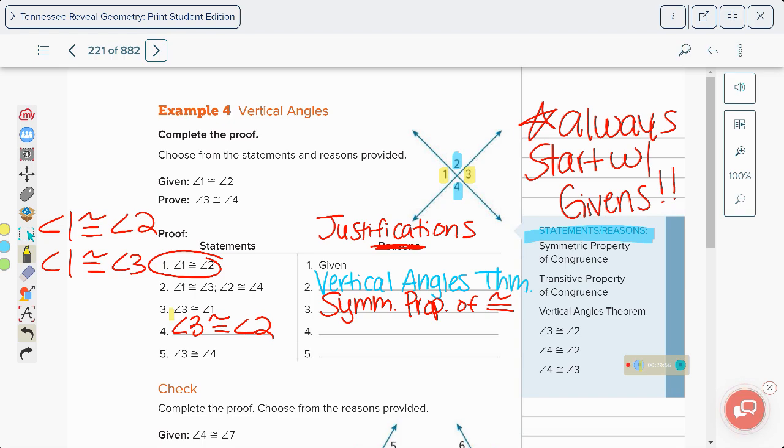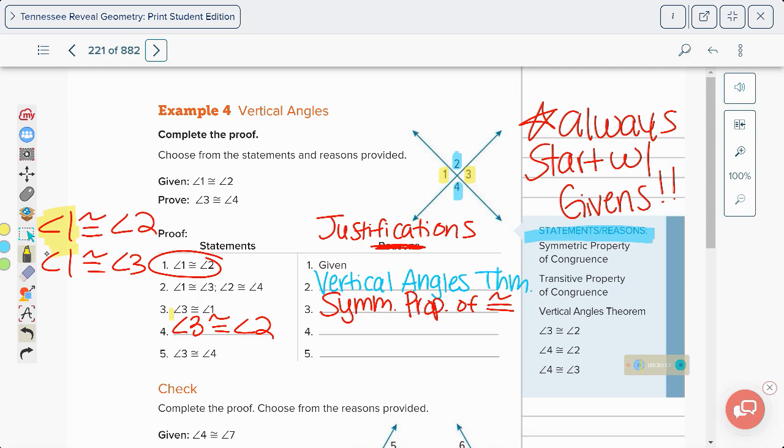Now, think back to your properties. If you need to, go back into your notes. We're looking for something that says if I have two different angles that equal the same thing, then they can be equal to each other. So here, angle 2 is equal to angle 1.